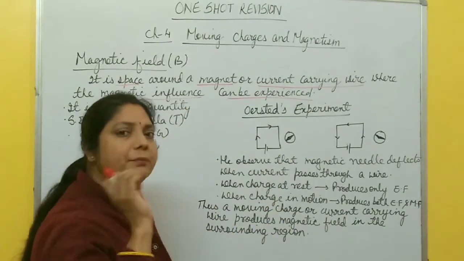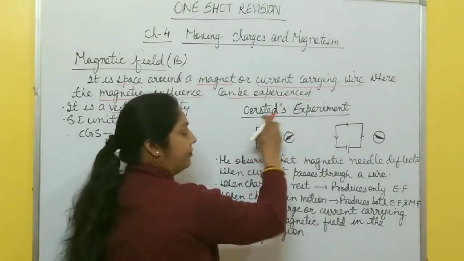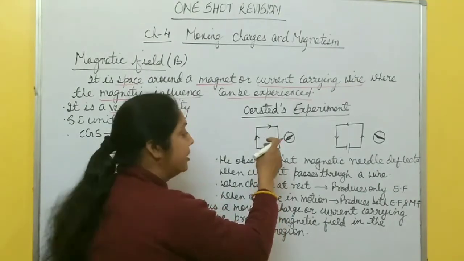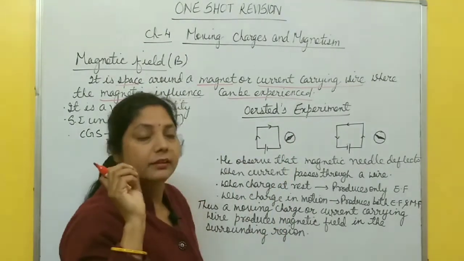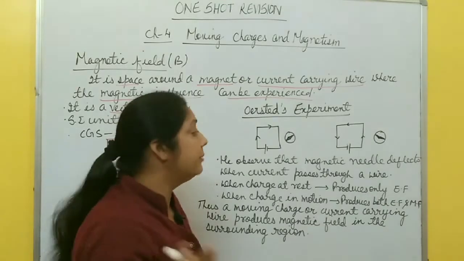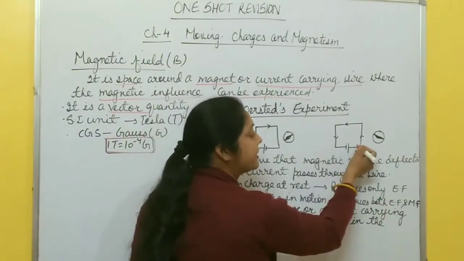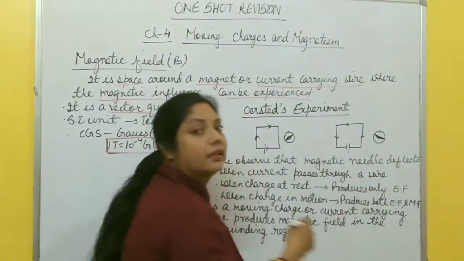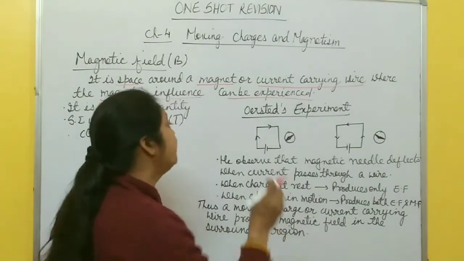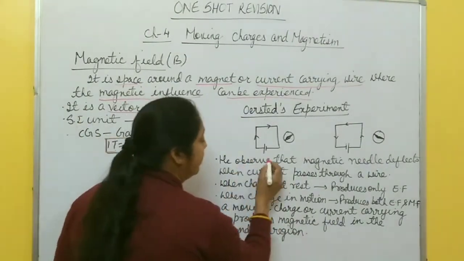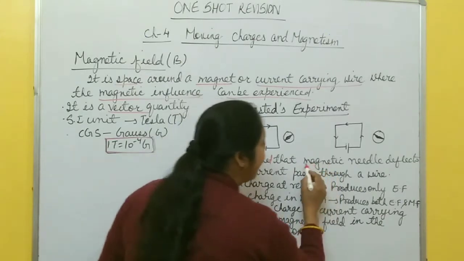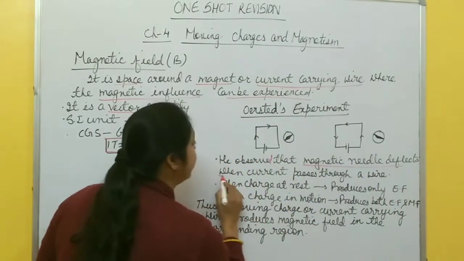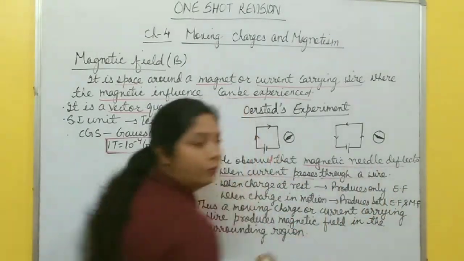It means something is there around this current carrying wire which influences the needle, and the needle starts deflecting. If the direction of current is reversed, then again the needle deflects in the opposite direction. So Oersted observed that a magnetic needle deflects when current passes through a wire.